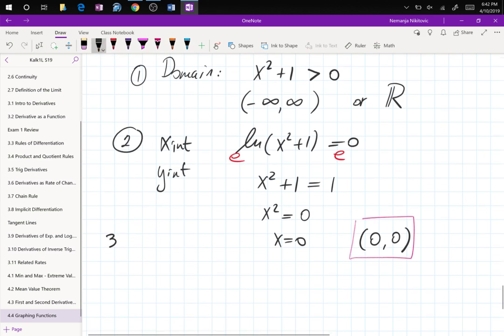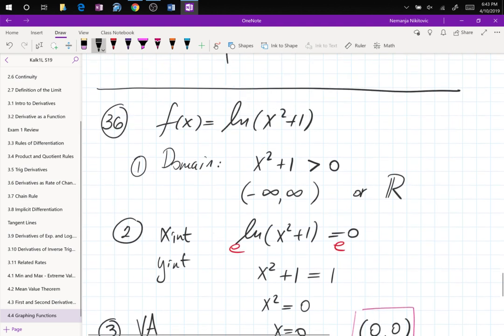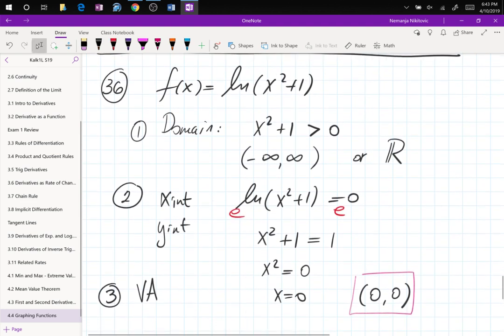Number 3. Is there a vertical asymptote? No. Now that's creepy, right? Because it's ln. It has a vertical asymptote, but what happened? See that x squared plus 1, right? If it was just x squared, then it would still have a vertical asymptote.